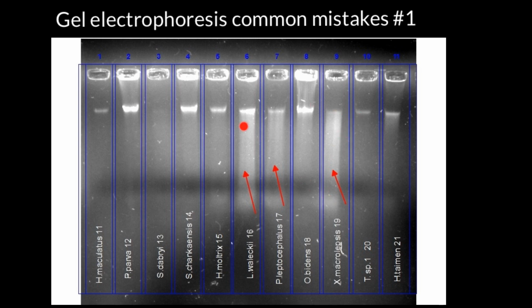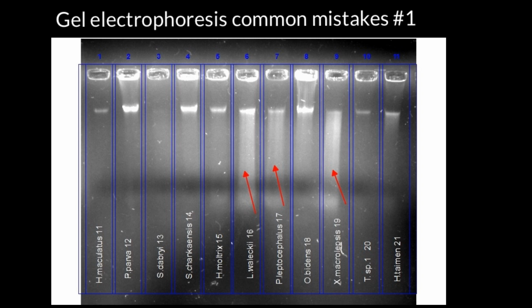Sometimes we also can get this type of smear if our electric current is set too high. So you have to decide which mistake you made, but basically I gave you common mistakes that lead to pictures like this one.